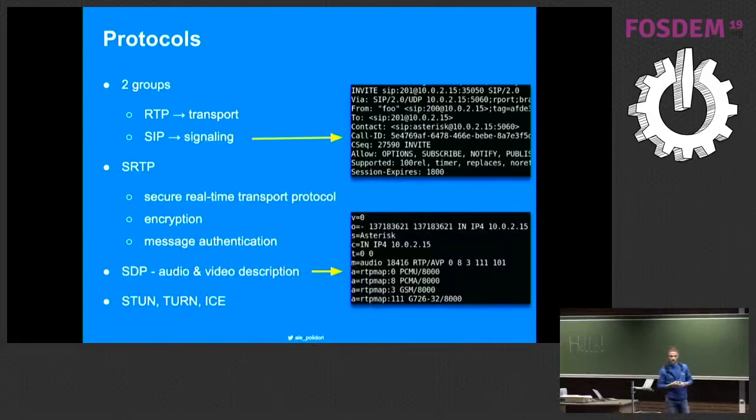SDP is used to describe the session before the data transmission, and other protocols are used to overcome some network problems related to NAT. For example, STUN is used to get your public IP address outside your local area network, and TURN does the media relay of all traffic, so it requires a lot of bandwidth.